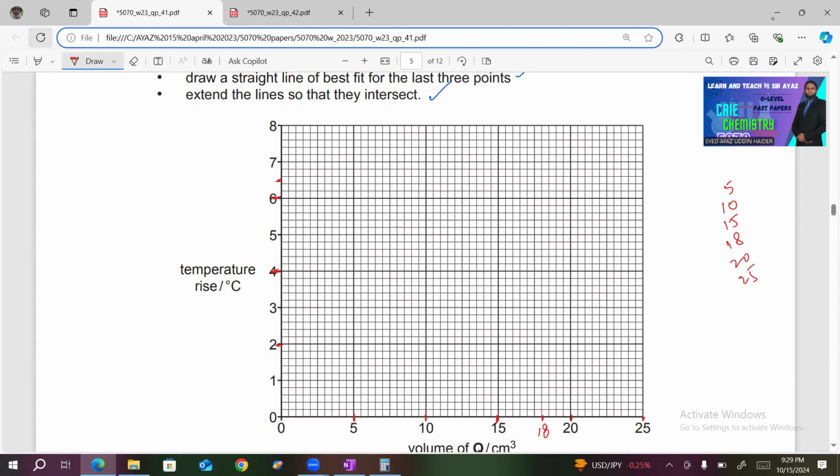So for 5 centimeter cube, the temperature rise is 2. So I will put a cross here. For 10, the temperature rise is 4 degrees centigrade. At the cross 15, we have 6. And after 15, that is from 18, the temperature rise is 6.5.